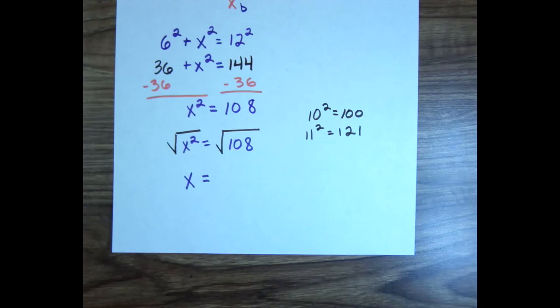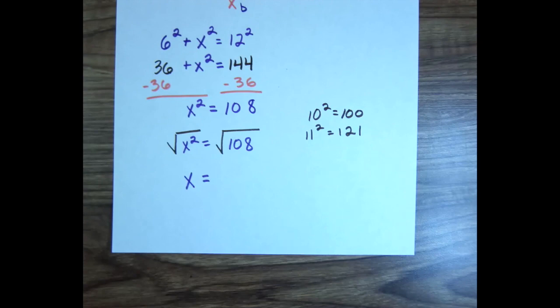What is the highest perfect square that you can divide 108 by? 108 can't be divided by 100. Can it be evenly divided by 4? Yes.